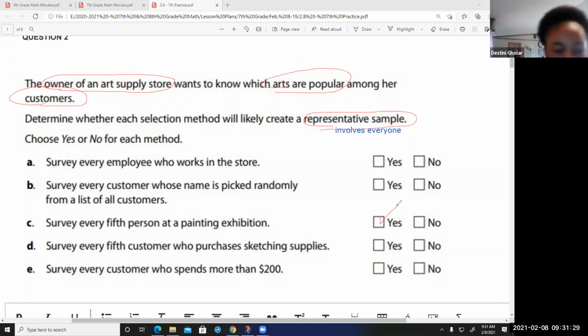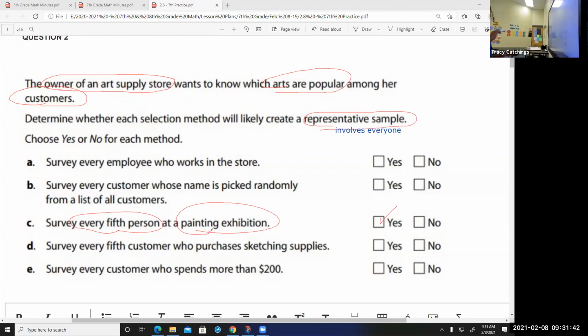Because it says every 5th person at the painting exhibit. And 5th is a pattern. All right, now who did they tell us we want to receive information from? Her customers.